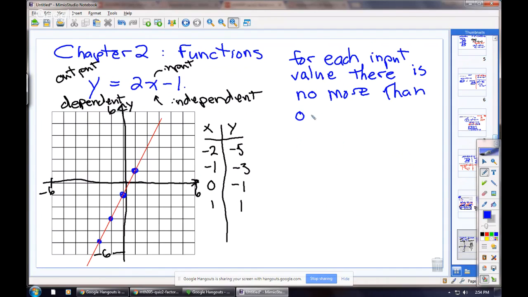What does that mean? Well, there could be one or it could be no output. It's possible to plug something in and not get an answer. Check with our calculators later. Just never more than one output value.